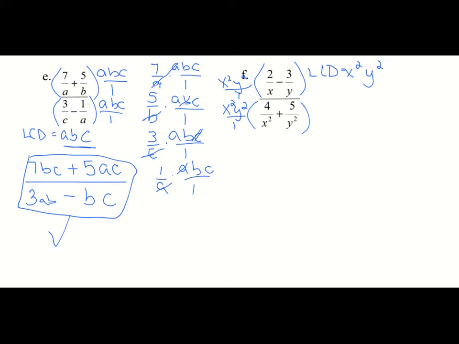So when I do the math, if I do 2 over x times x squared, y squared over 1, I will get rid of the x on the bottom and one of the x's on the top, but I won't get rid of both. And that's going to leave me with 2xy squared.